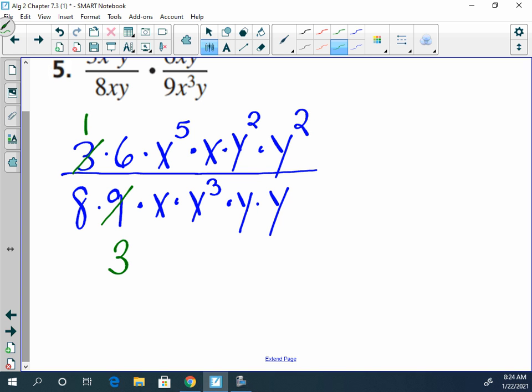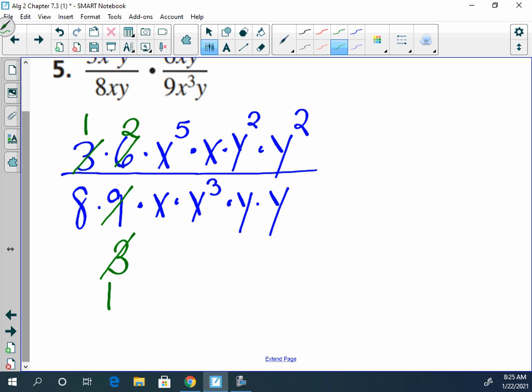Well, wait a minute. What about the 6 and the 3? Do they have a common factor of 3? So what? The 3 would become a 1, and the 6 would become what? 2. Because when we pull it out, 6 is reduced to 2, and 3 is simplified out, yes?